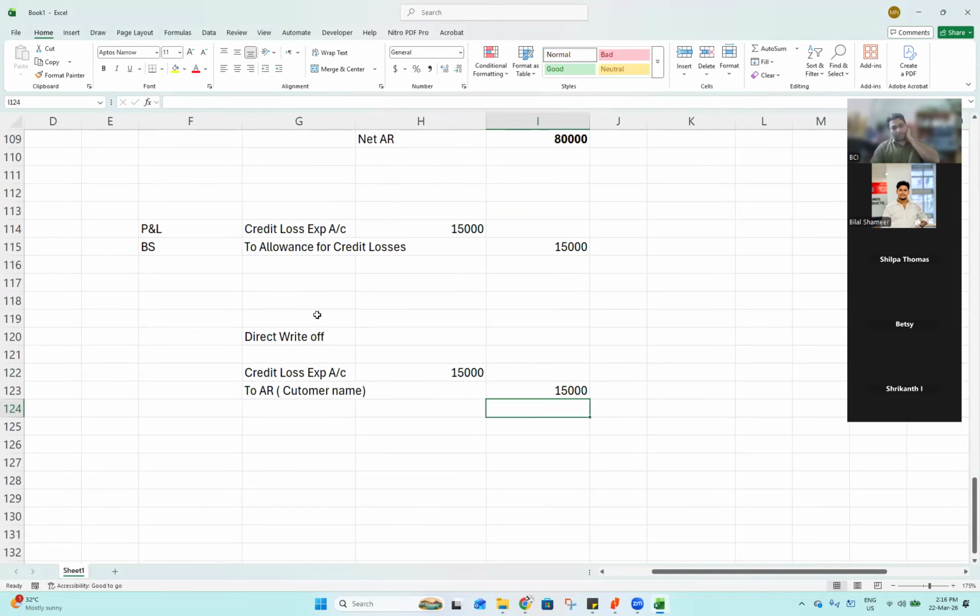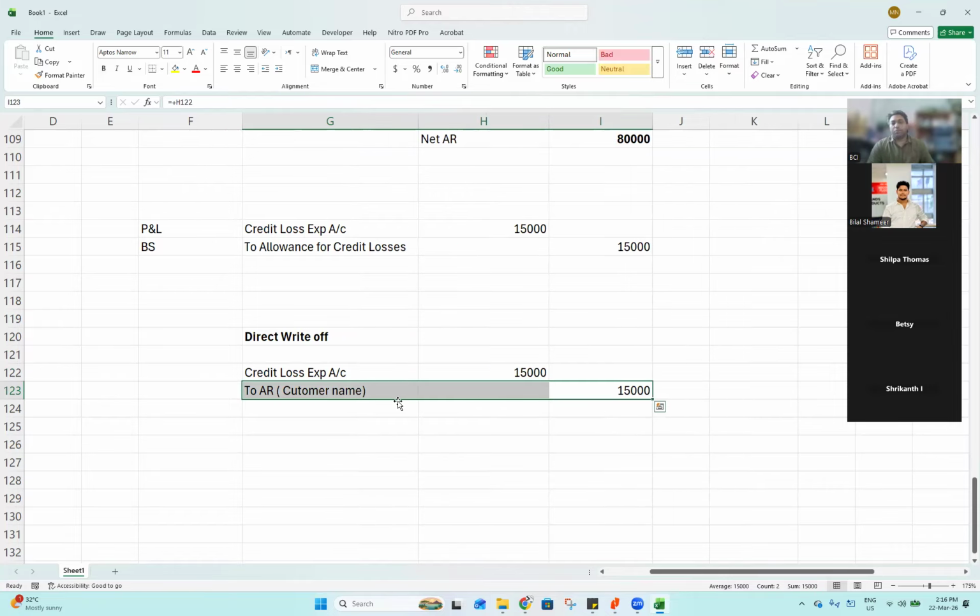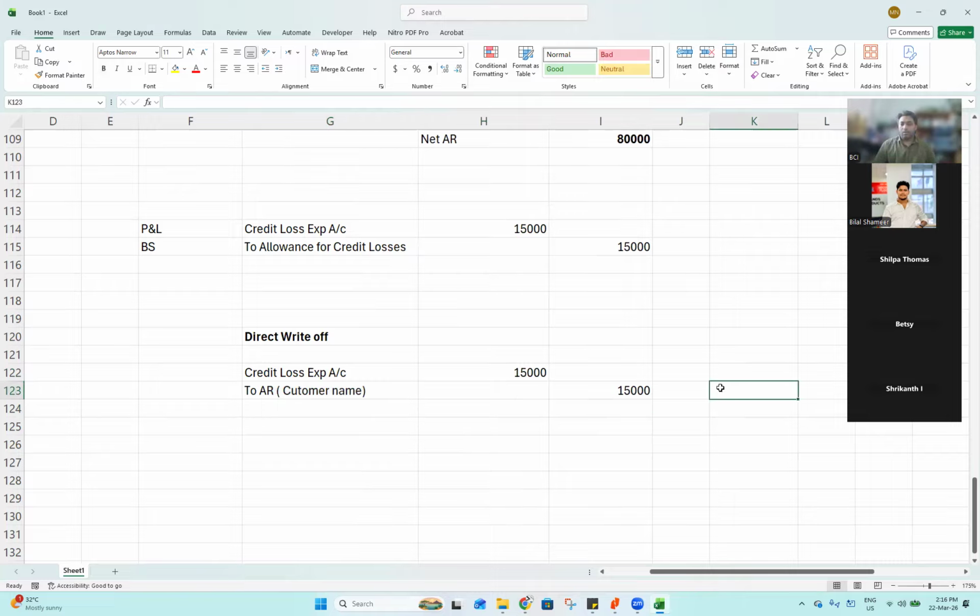Now, what happens here for the direct write-off is that your P&L will not be consistent. Also, there is a matching concept issue here. Why? Because this particular customer, you might have sold these goods to him in 2020, and you are trying to follow up with him, but now you realize this particular company is bankrupt.